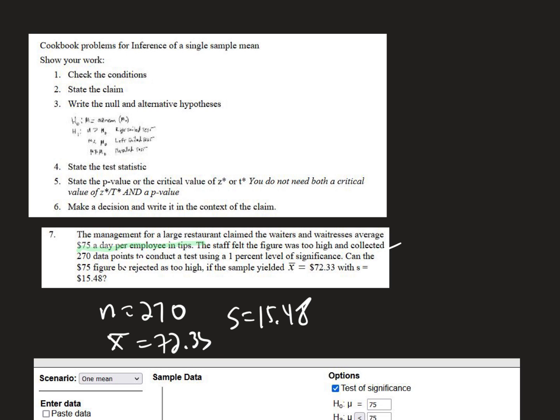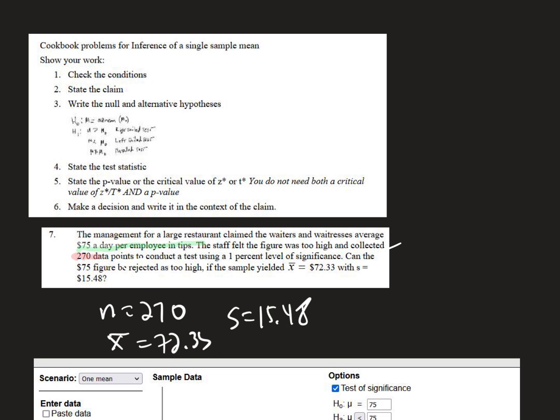Then I don't know anything about the distribution of tips. So I don't know if it's normal, symmetric, or skewed. And I don't know the population standard deviation, right? But I do have a large sample of 270 data points.